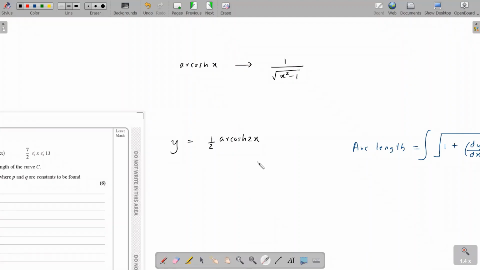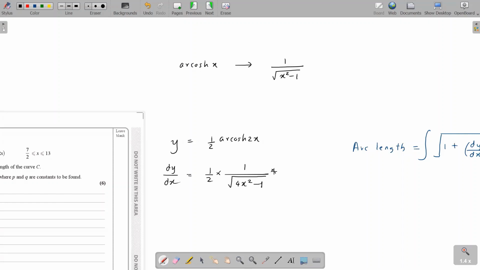Okay, so when it's arccos 2x, you have to apply the chain rule where you replace x with 2x, and also at the end you have to multiply with the differentiation of 2x. So let's get dy by dx equals half times arccos 2x differentiation, 1 over root x squared minus 1, where x is now taken as 2x. So 2x when you square it is 4x squared minus 1.